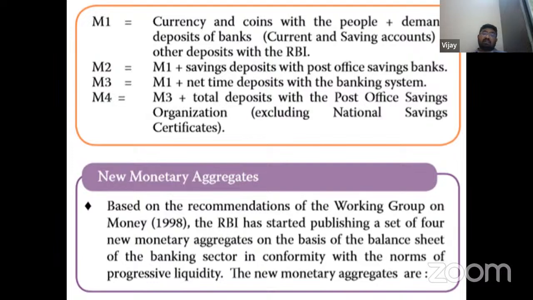That is, the commercial bank will have a deposit with the RBI, which we call the cash reserve ratio. Then M1 plus a saving deposit with the post office saving bank account. Then M1 plus net time deposits.